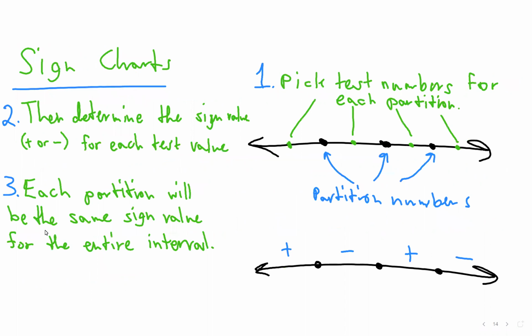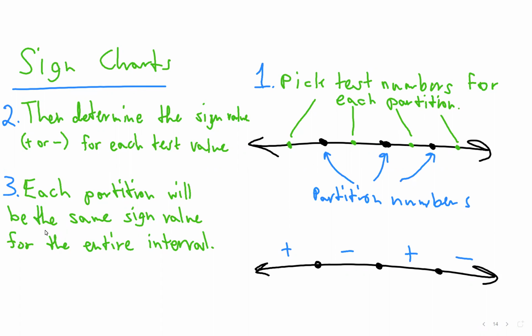So with the sign charts, we have our partition numbers, which broke up the number line into partitions, which we can test a specific number for on each of these partitions. After testing a specific number, we can determine the sign value for each of those numbers that we tested, whether it will be positive or whether it will be negative.